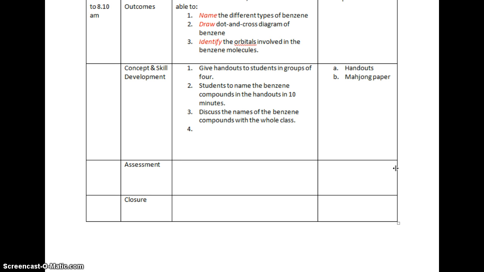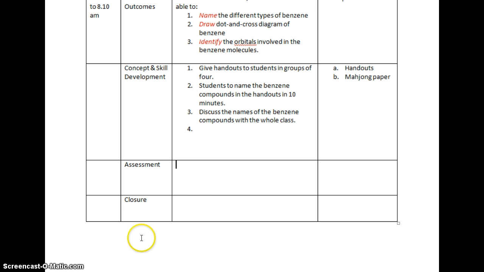Maybe you give them some questions and they work in groups and they present, using mahjong paper again. And or maybe they can become evaluators, or sorry, examiners, and let them mark some answers and see how they do.